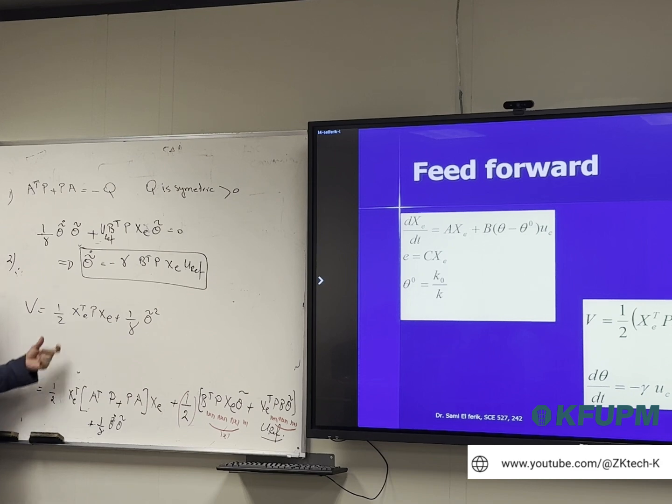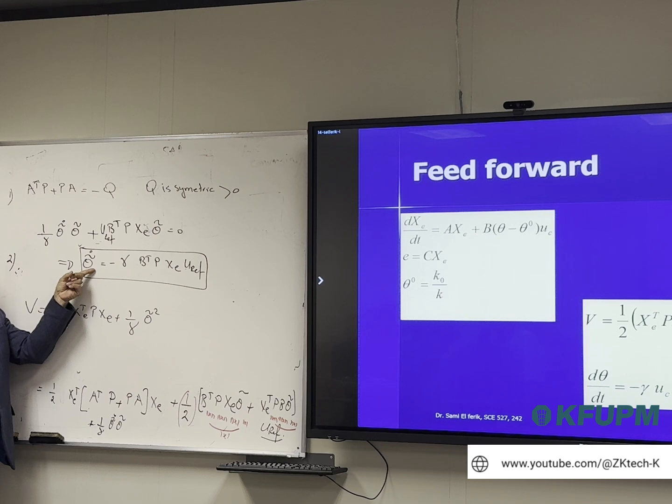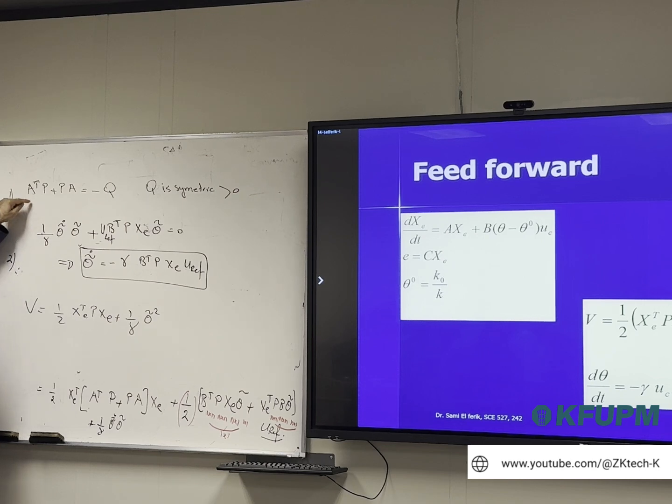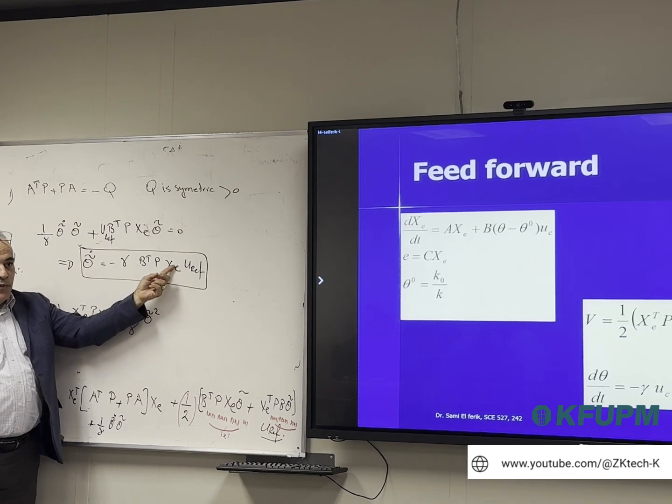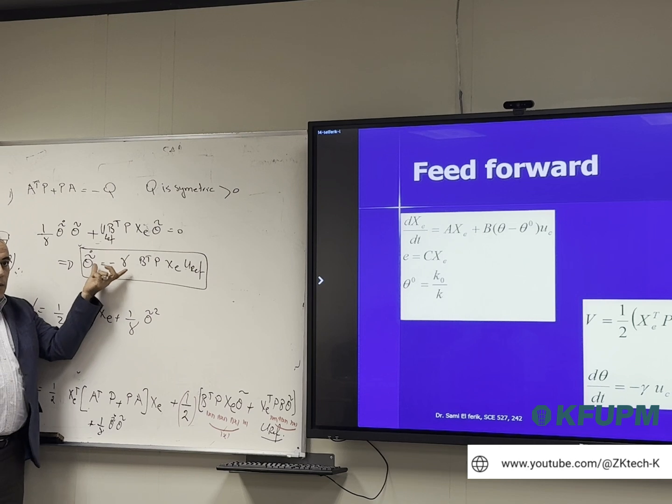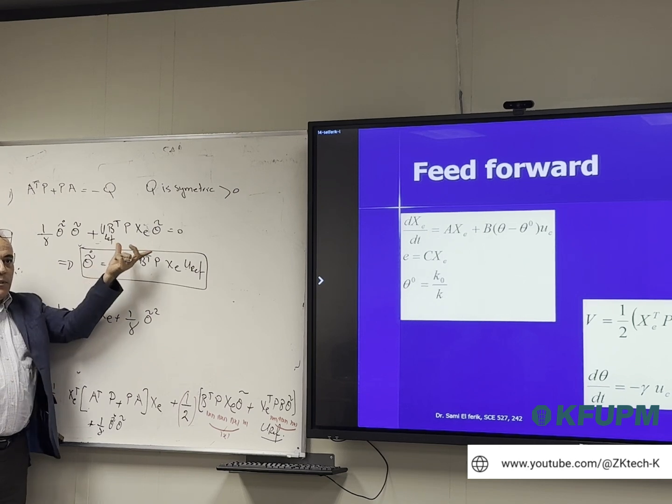We need to make sure that this one does not go to infinity, because this one can converge to a big number, infinity. You will have V prime negative, but this one will blow up, and V will blow up. So you need to make sure that your error converges to zero faster than this term goes up to infinity.